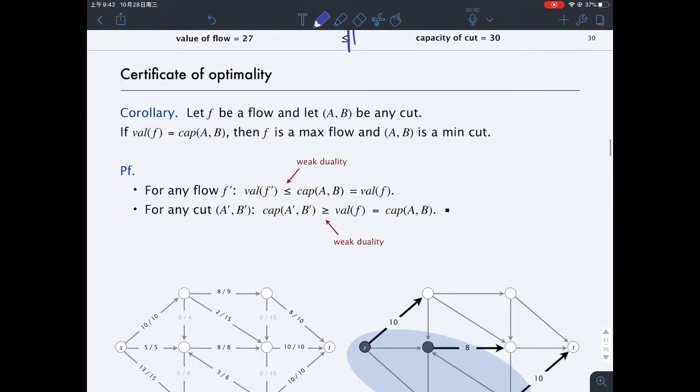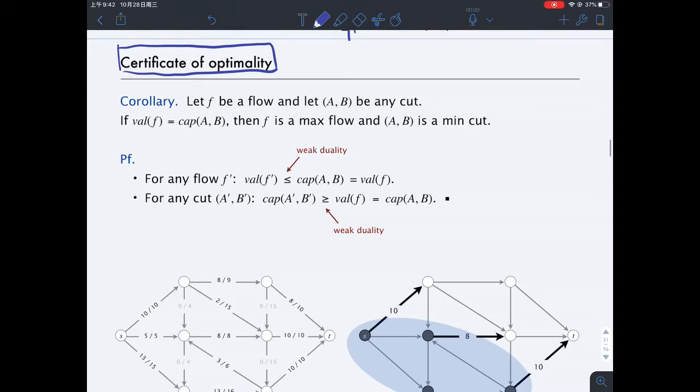There's another straightforward corollary coming out of this weak duality. This is the so-called certificate of optimality. Let me talk a bit about the high-level idea here.